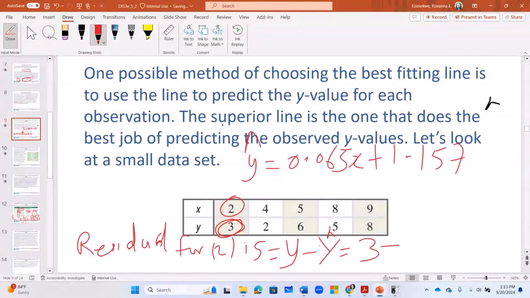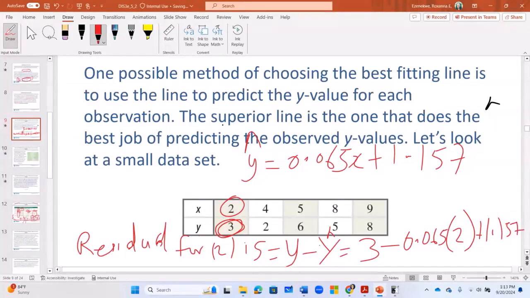The predicted is going to be 0.065. Wherever I see X, I put 2 there in my new equation, the equation I found, plus... so this is just like a function of a function.